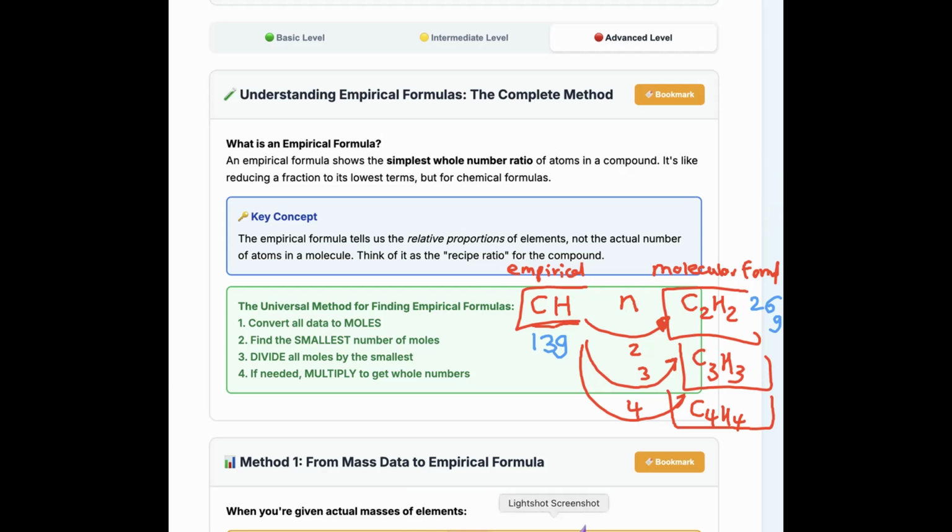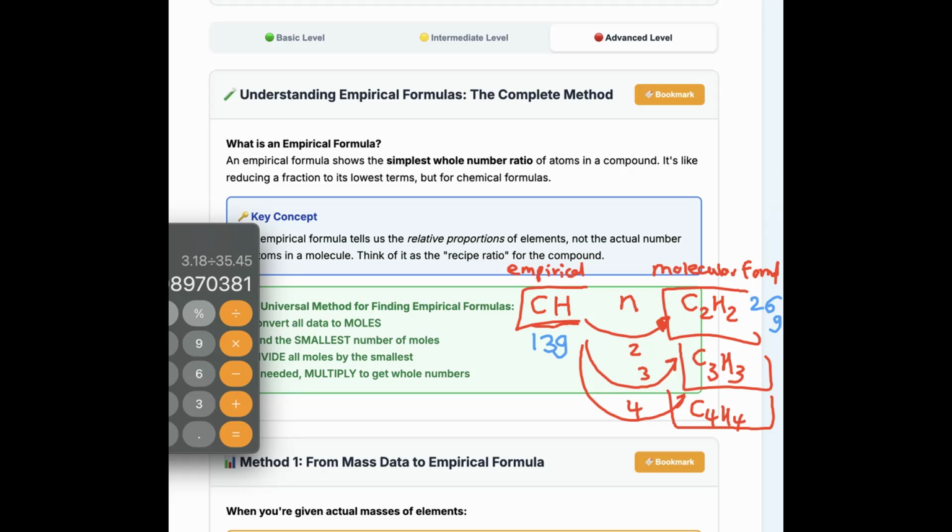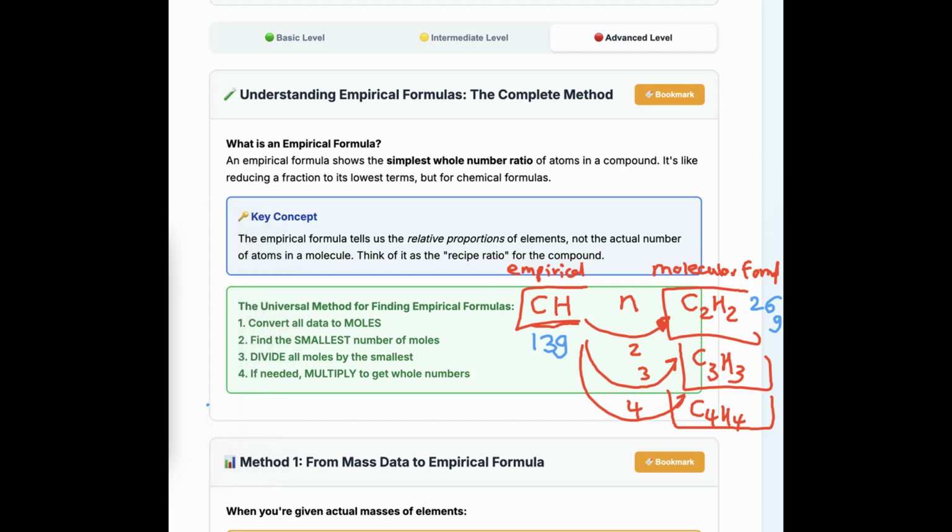So the mass of C3H3 will be 39. And 13 multiplied by 4 means the mass is 52. So not only the count of atoms is repeated 2 or 3 or 4 times, its mass also will be related. This is very important to answer the questions of the molecular mass.